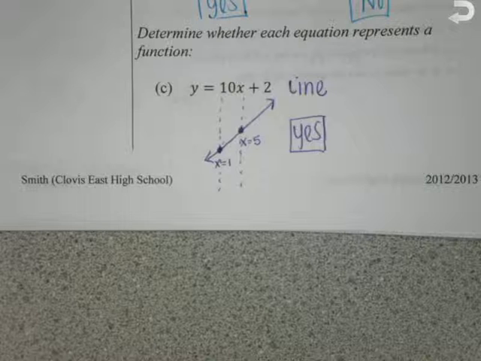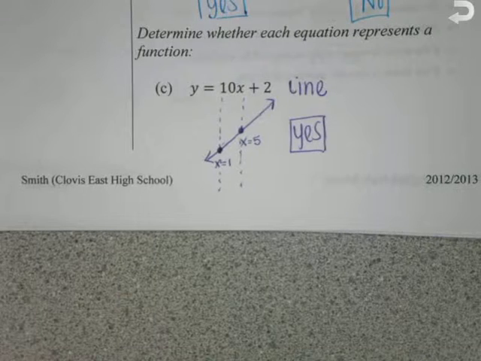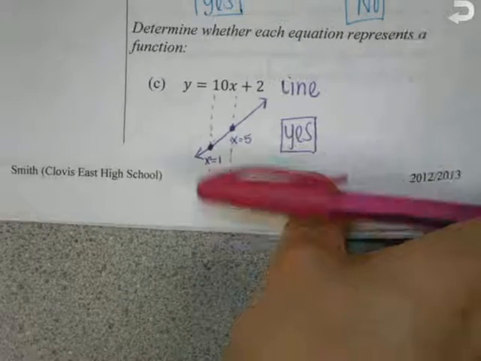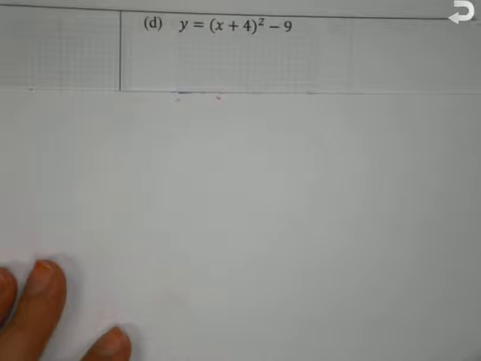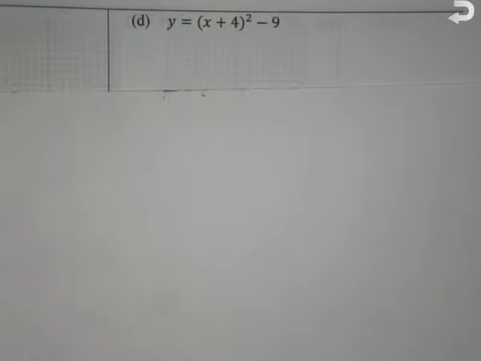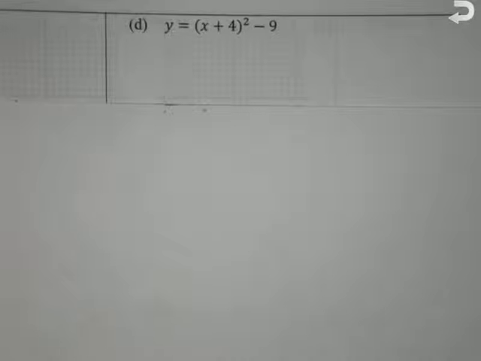Okay, let's look at another equation. y equals (x plus 4) squared minus 9. What is this equation? What is the graph called? If it has a squared, what type of graph is it?